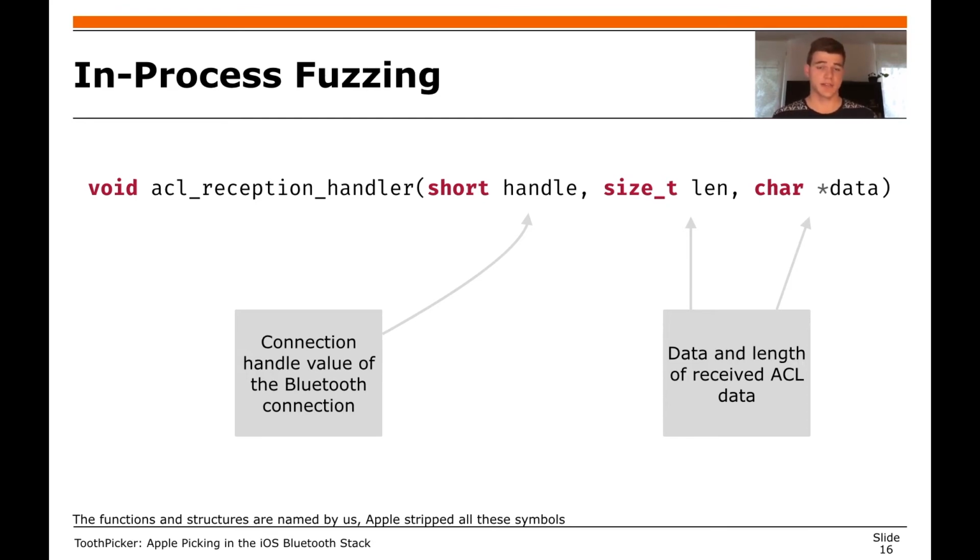The ACL reception handler takes a connection handle as an argument, the length of the data, and a pointer to the data. Data and pointer are pretty simple: we just generate that data and we also know its length. But what is not so obvious is the handle. So let's first quickly talk about what this connection handle actually is.